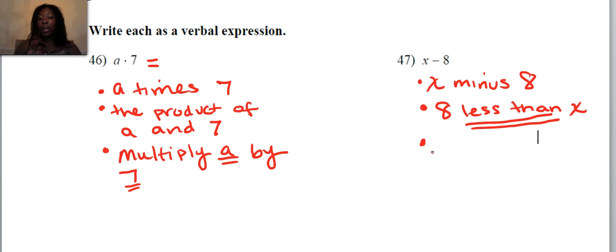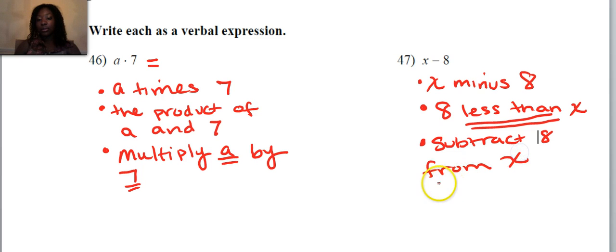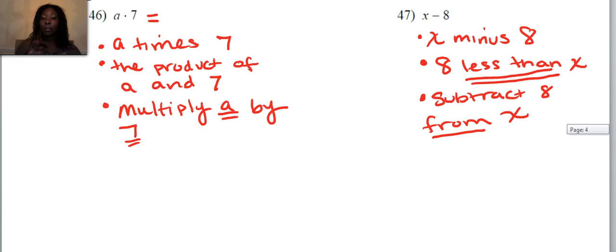Is there any other way you can think of? Subtract 8 from x. Remove 8 from x, subtract 8 from x. Those are all good ways to say that.